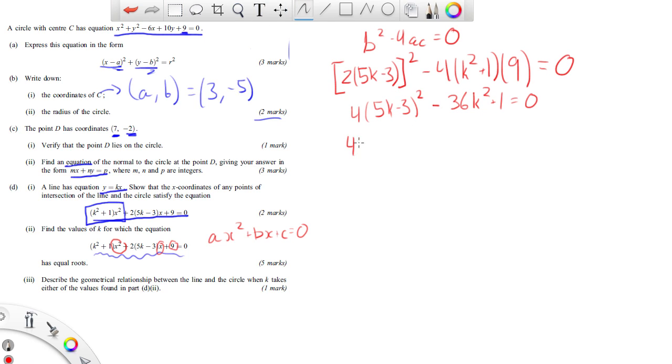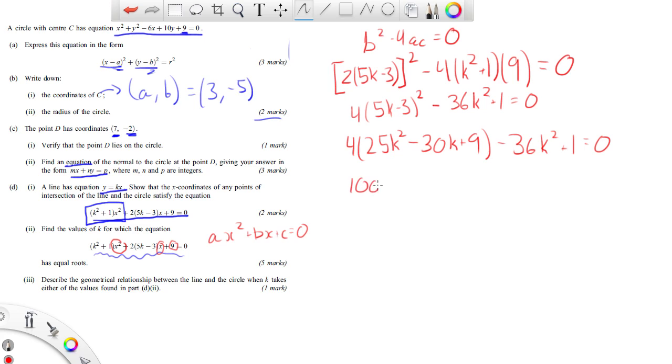So this is going to be 4 brackets 25k squared minus 5 times 3 is 15, so this is minus 30k plus 9, minus 36 times k squared plus 1 is equal to 0.